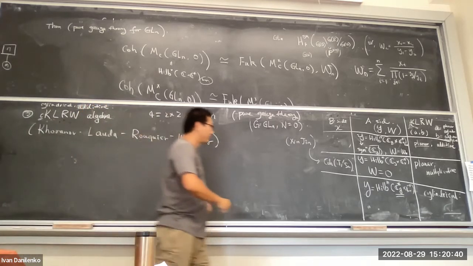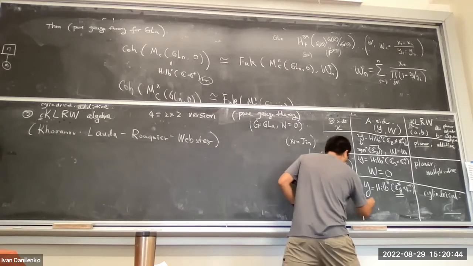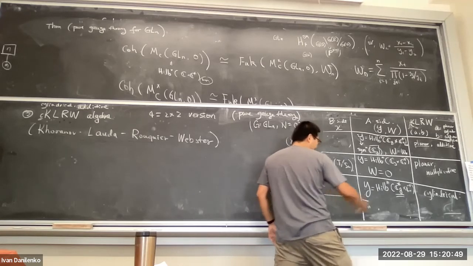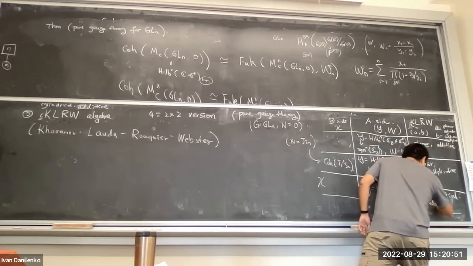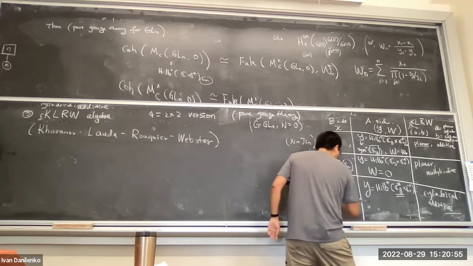And we have the B side. So I have this X. It's either going to be additive or multiplicative. We care about the additive case, so we have non-trivial potential.